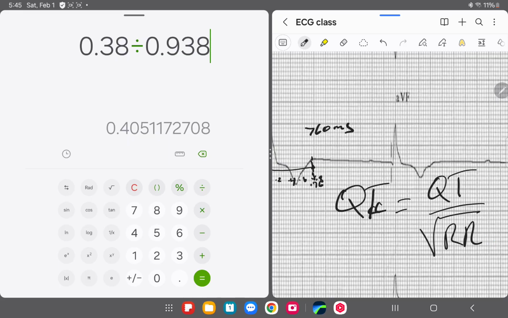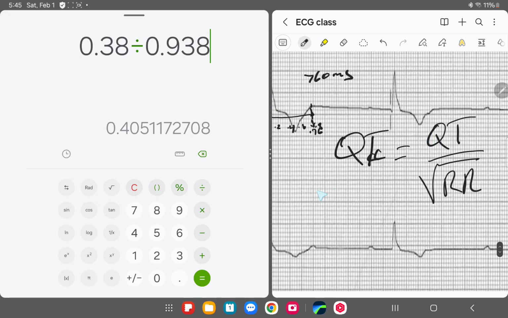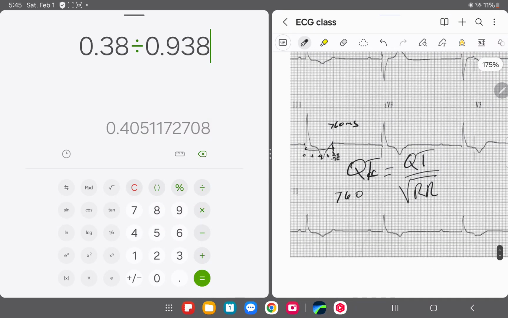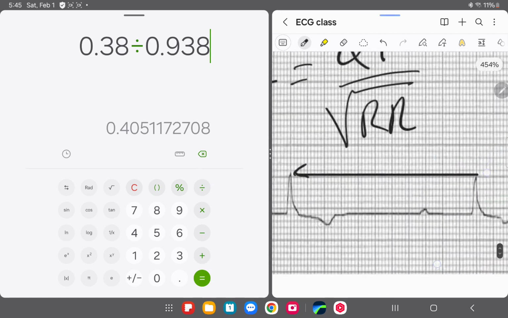We already did the measured QT, which is 760. Let's measure the RR. We're going to go from here to here. Let's zoom in.